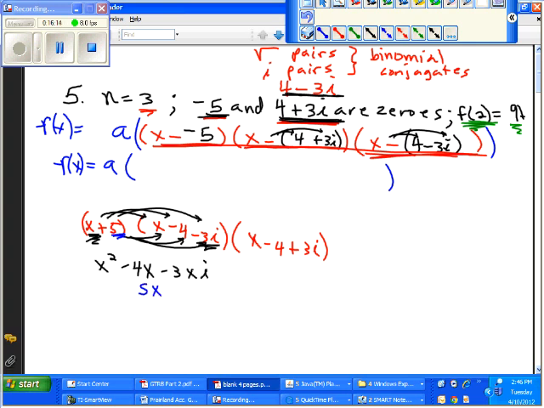I'm going to put it there by its like term x. And then we're going to have the 5 times the second chunk, negative 4, and 5 times negative 4 is negative 20. I'm just going to stick it down there because there's not another number. And then we take the 5 times the third chunk, negative 3i, and we get negative 15i. And there's not really a term that looks like it either.